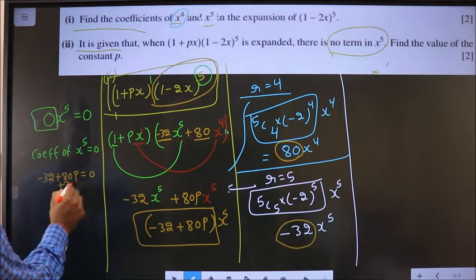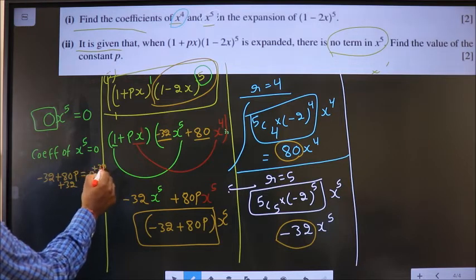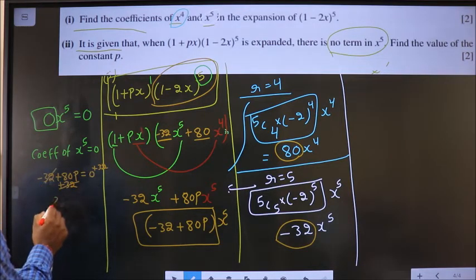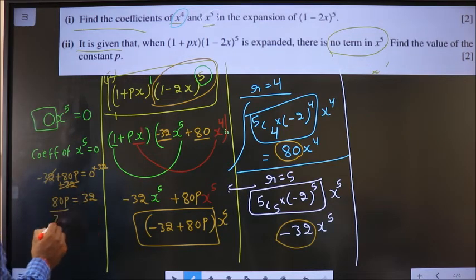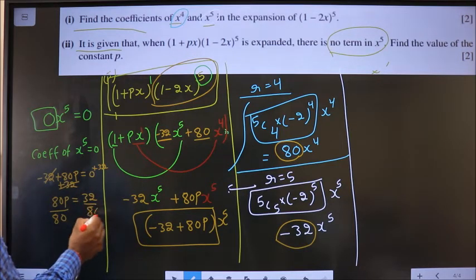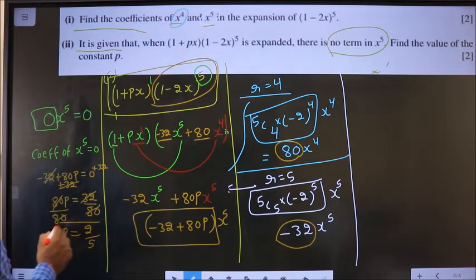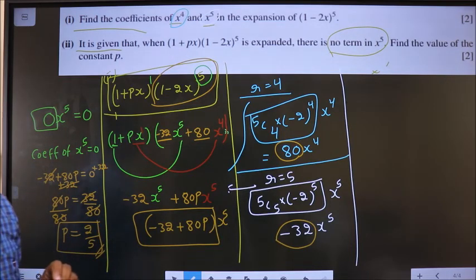Add 32 on both sides. So this is gone. 80p equal to 32. Now divide by 80. So p equal to, this cancels, 16 to 16 fives. So the value of p is 2 by 5.